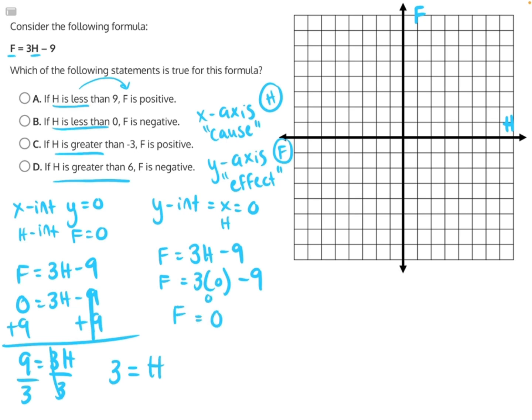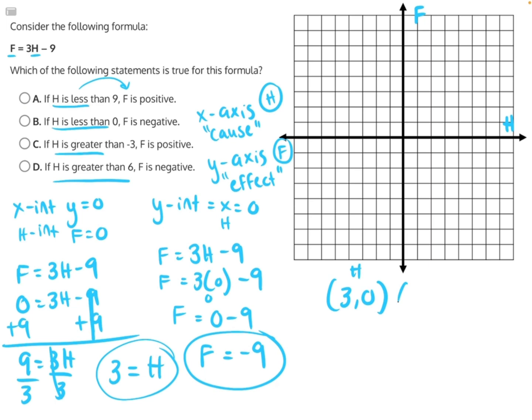So we'll have f equals 0 minus 9. 0 minus 9 will give us negative 9. So our two intercepts that we need to graph would be 3, 0 as our h-intercept, or our x-intercept, and then 0, negative 9 for our y-intercept, or our f-intercept.